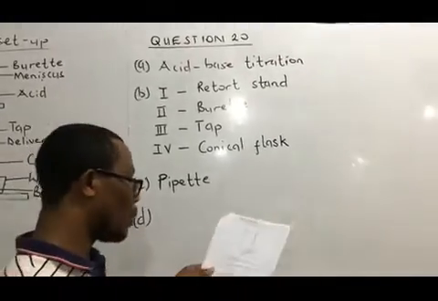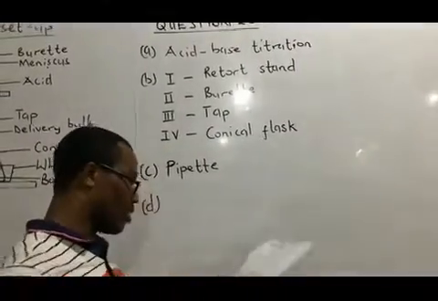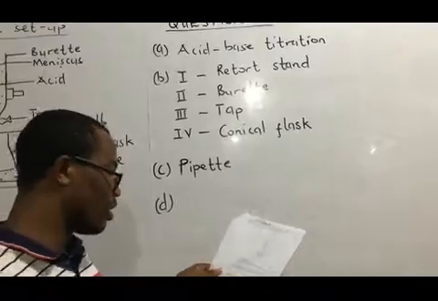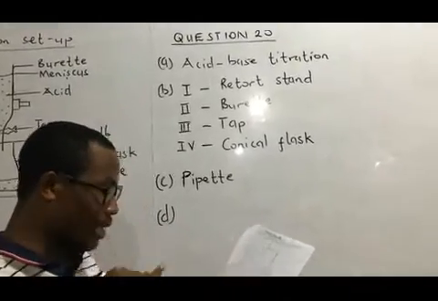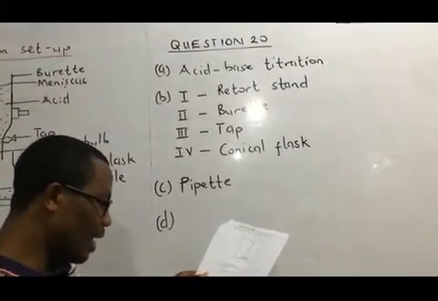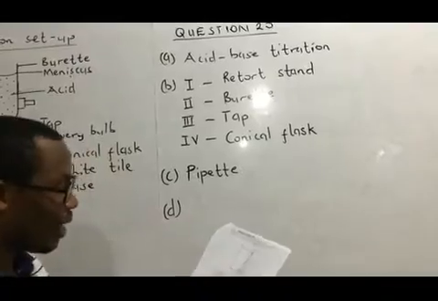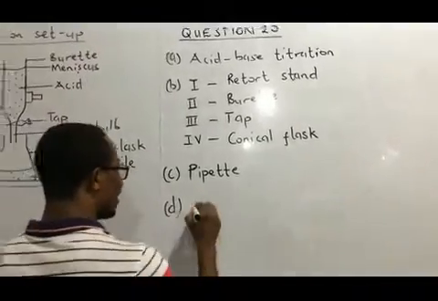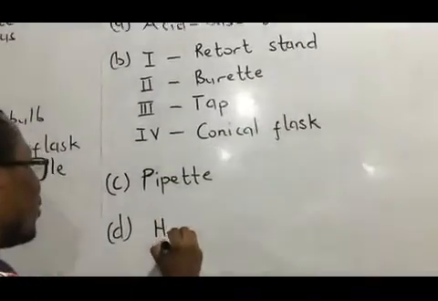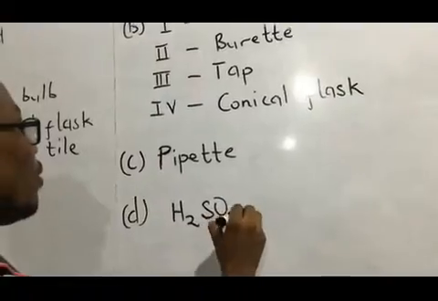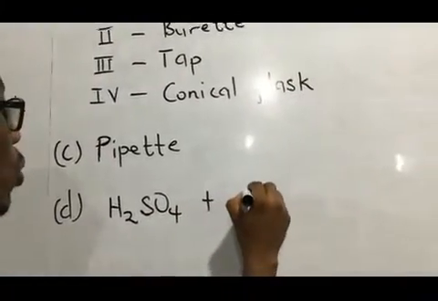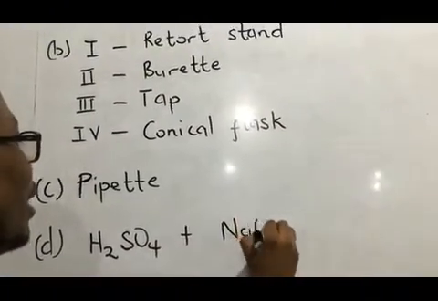So from the diagram, you have the reactants or the solutions given. You have the sulfuric acid in the burette, and then the sodium hydroxide in the conical flask. So the reaction between sulfuric acid, H2SO4, and then sodium hydroxide, that is NaOH.